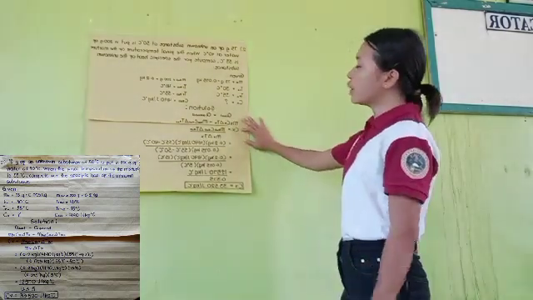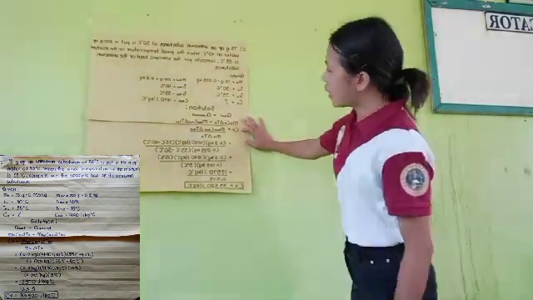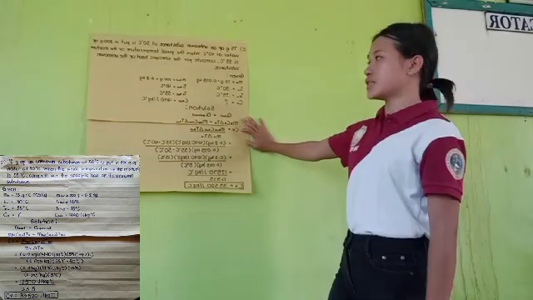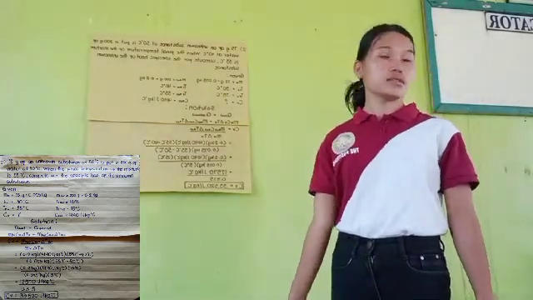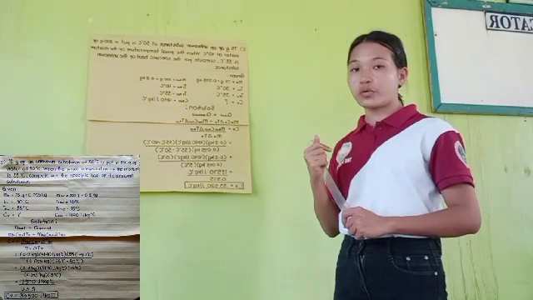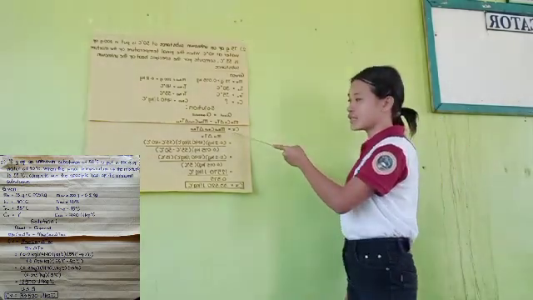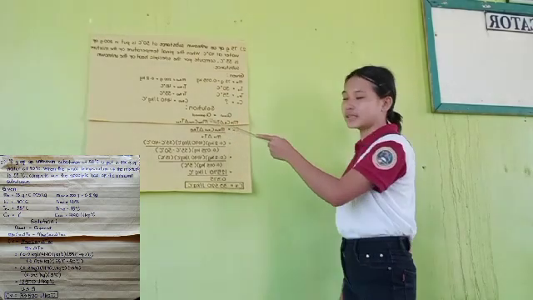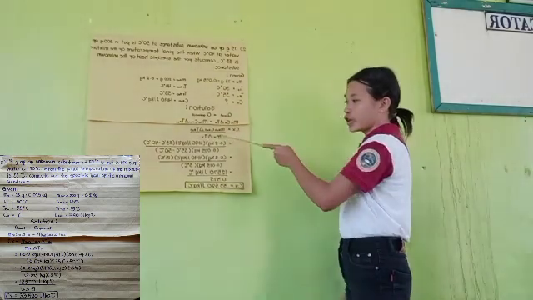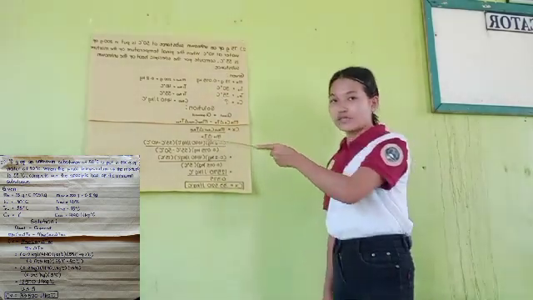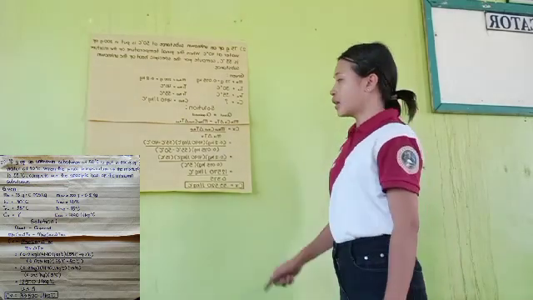Transpose to have the specific heat of the unknown substance. So let us transpose for its formula. Specific heat of unknown substance equals MC delta T of water over M delta T of the unknown substance.